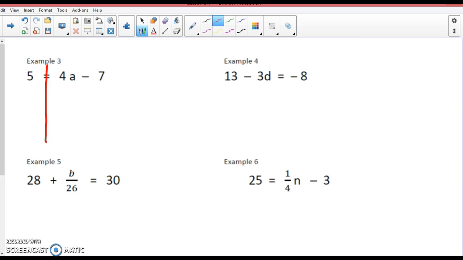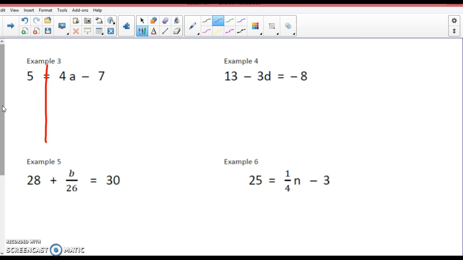This side equals this side. And if you think about it as balance, if I add 2 to this side and I add 2 to this side, are they still balanced? Yes. I could subtract 5 and subtract 5. Still balanced. I could divide and divide. Still balanced. Multiply and multiply. Still balanced. Take a square root and they're still balanced. As long as you do the same things to both sides of the equation, it remains balanced.